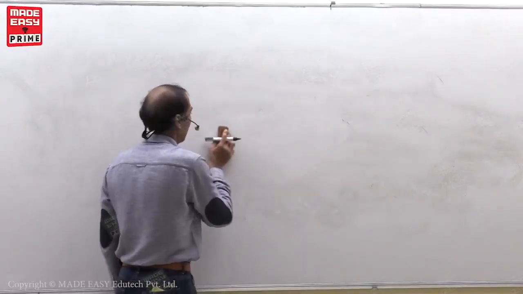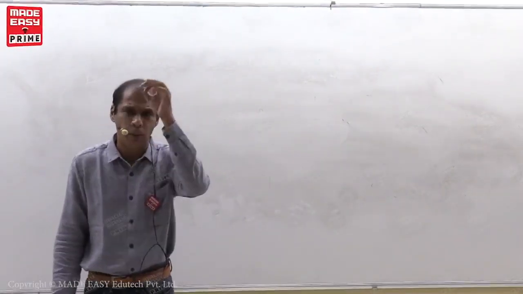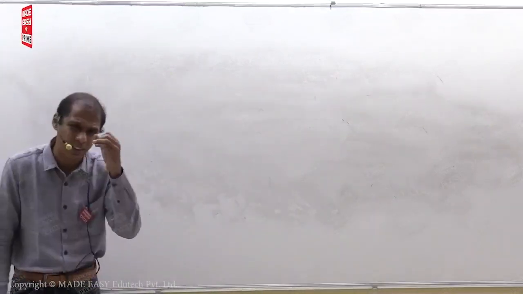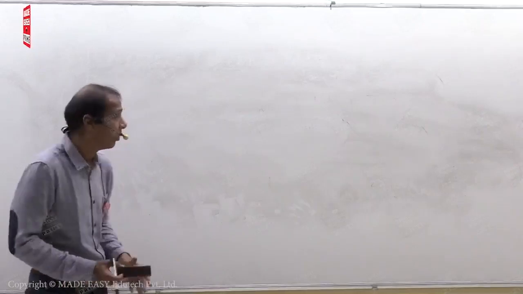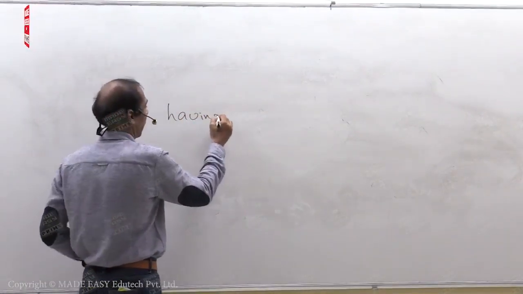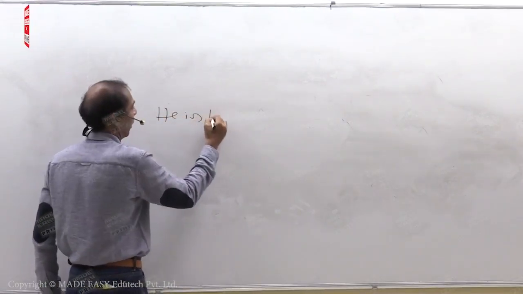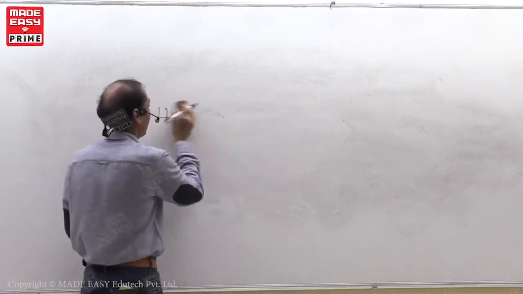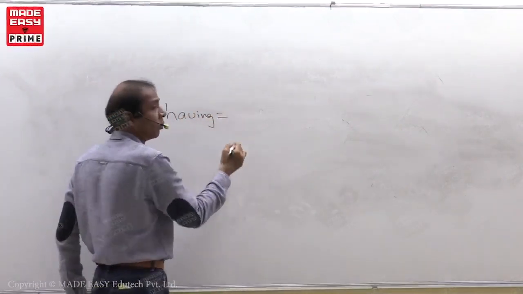See, unwantedly, everyone is using having in most of the situations. In unnecessary situations, also they are using. See, where you have to use having, for example, having is equal to, generally we use in two situations.